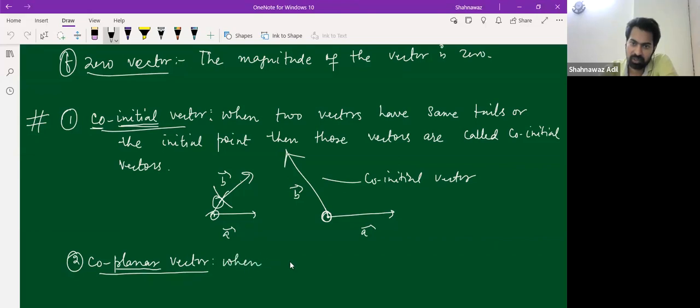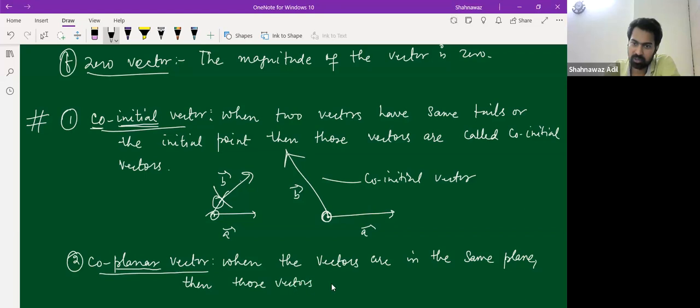When the vectors are in the same plane, those vectors are called coplanar vectors. Understood, guys?